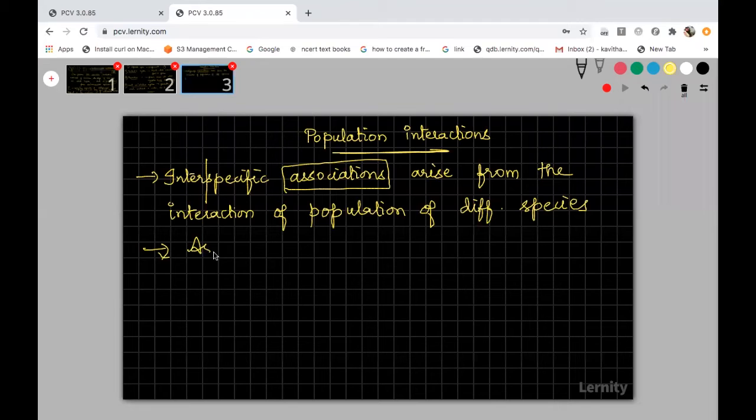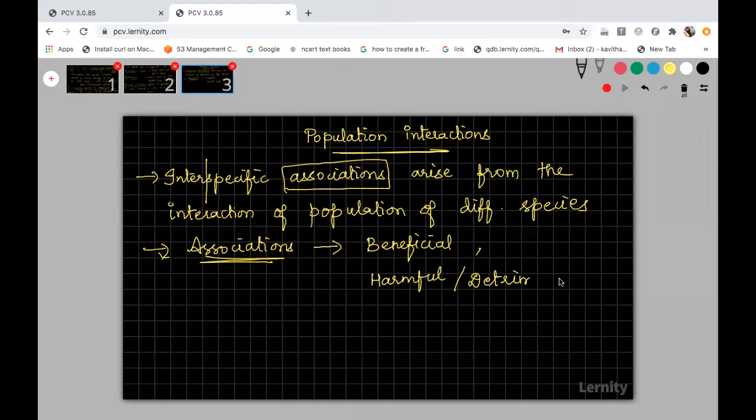Now these interspecific associations involve some relationship between the species, and that relationship can be of three different kinds. It can be beneficial to one another, or sometimes harmful. Harmful can also be called detrimental; detrimental and harmful are the same.